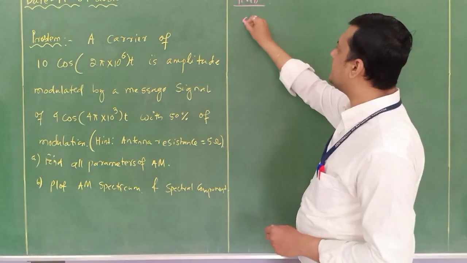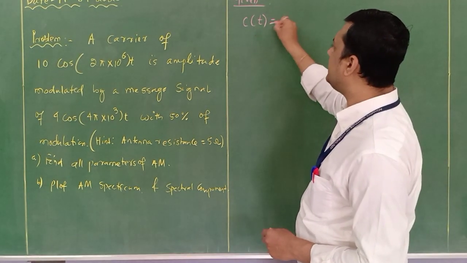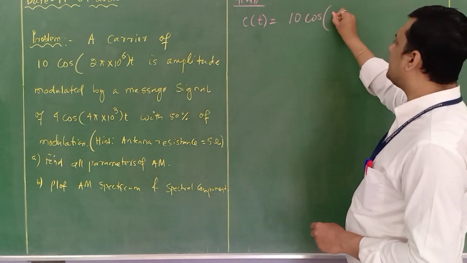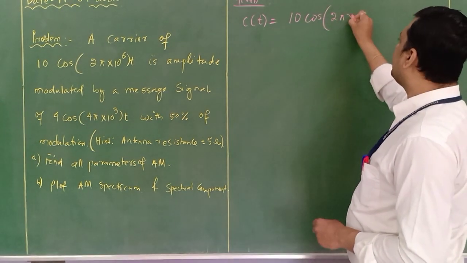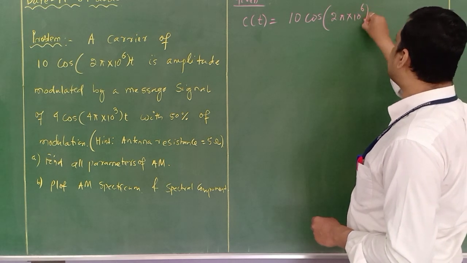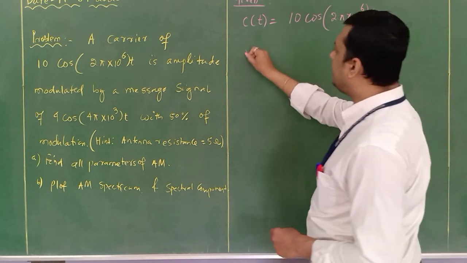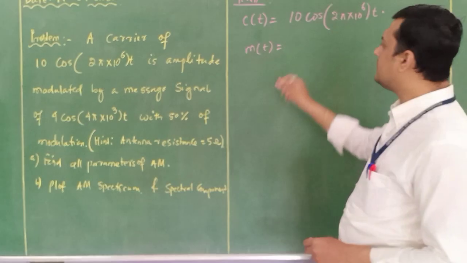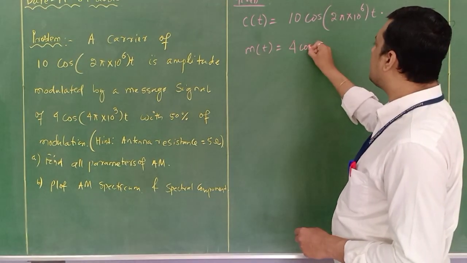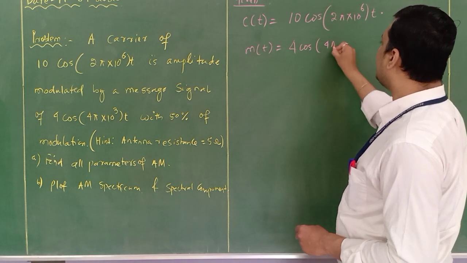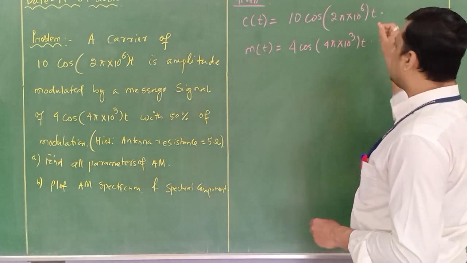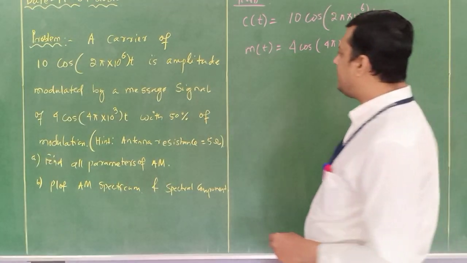Given data: c(t) = 10 cos 2 pi into 10 to the power 6 t, and our message is 4 cos 4 pi into 10 to the power 3 t.